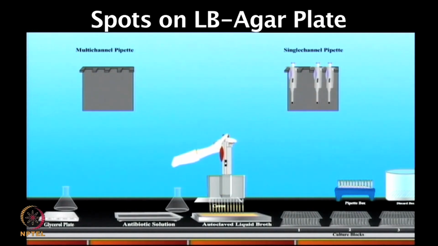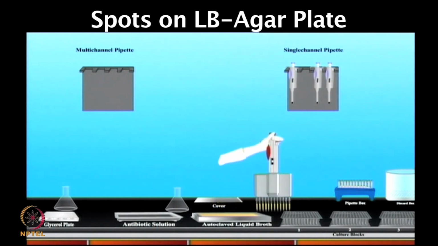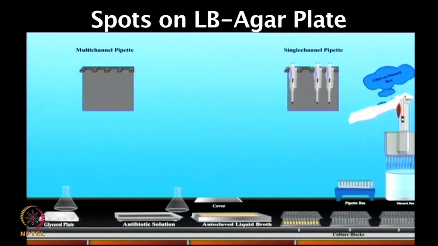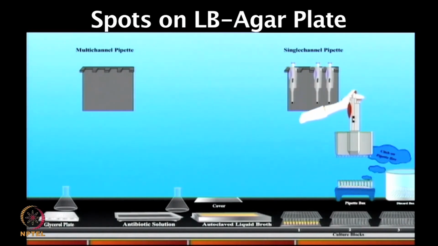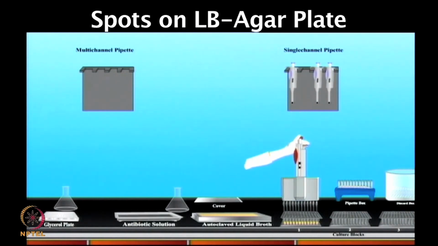First of all, you need to prepare the culture blocks and add the liquid broth in 96 well plate format. You need to ensure that you have added the antibiotic solution in each well.